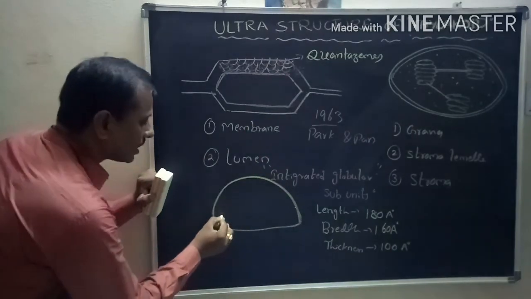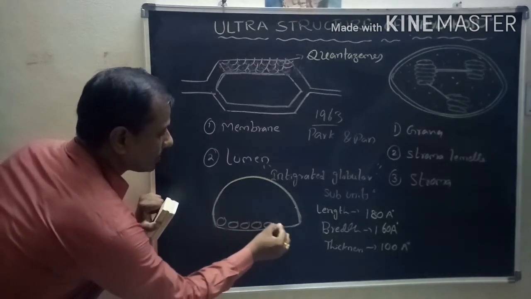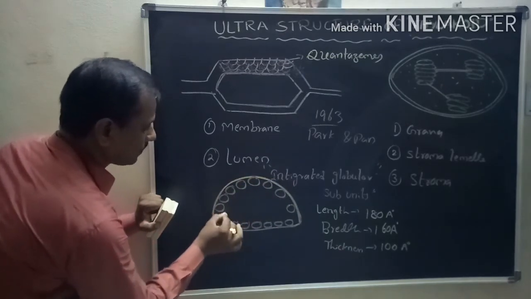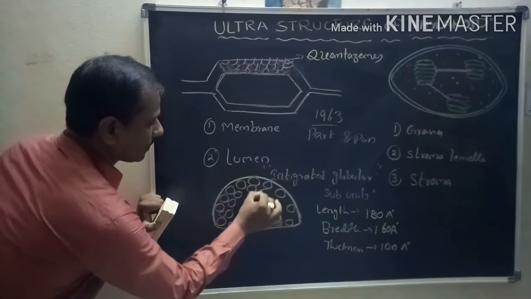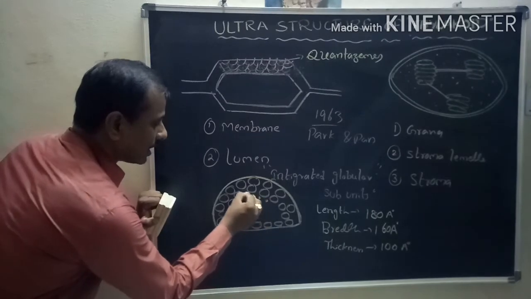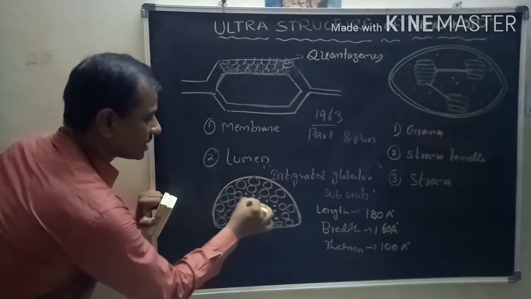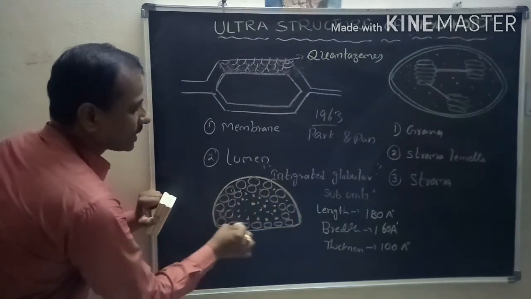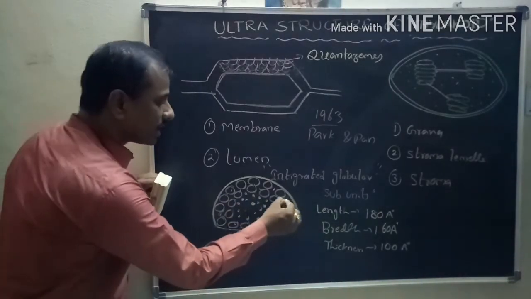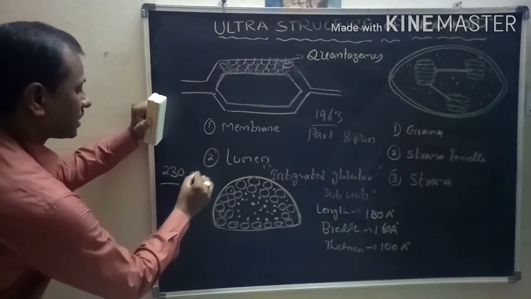These quantasomes contain a number of materials inside. These circular structures are called pigments. Enzymes, proteins and pigments are present in a quantasome.